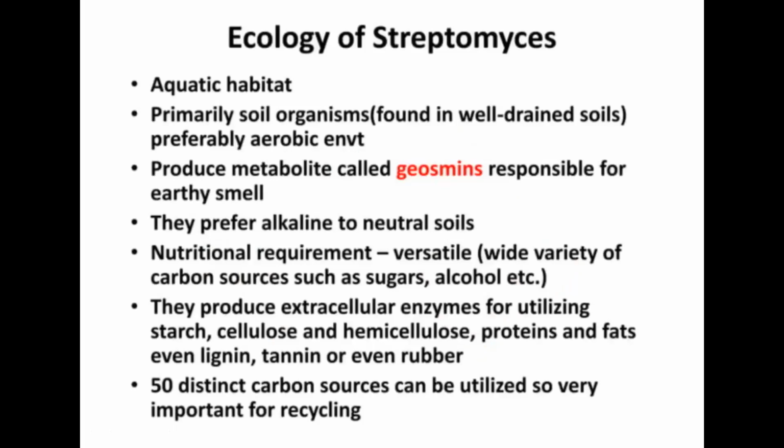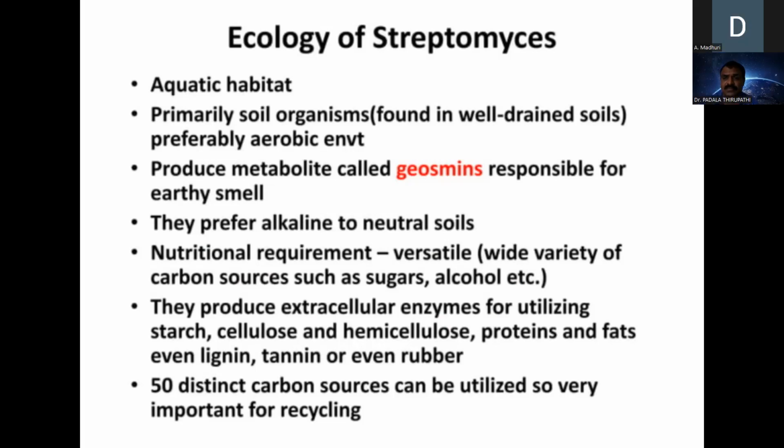Coming to ecology, they are present in aquatic habitats, and they are more present in soil, and they produce geosmin. You know what is geosmin? It is rainy season, right? We get a good smell of soil. Yes, madam. That is due to geosmin, and this geosmin is produced by Streptomyces species.